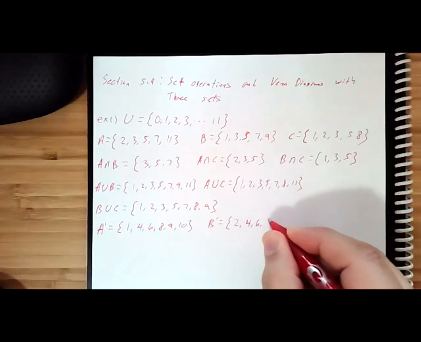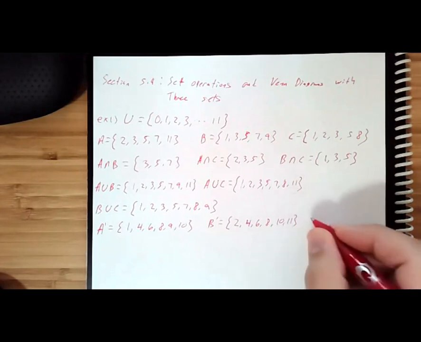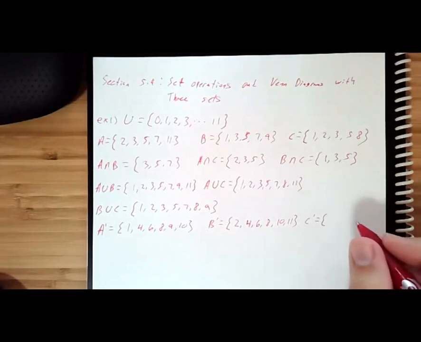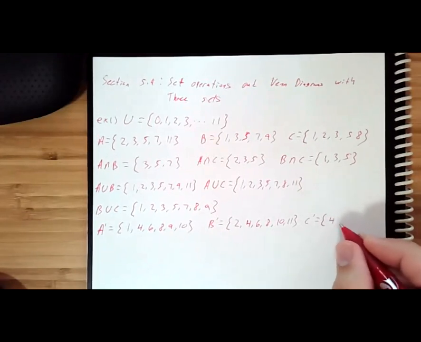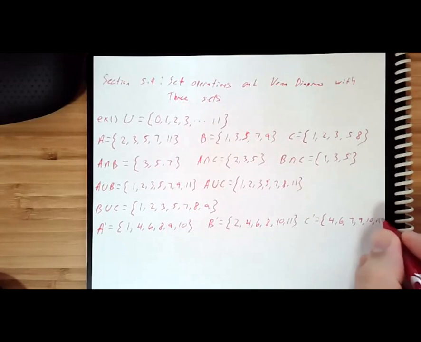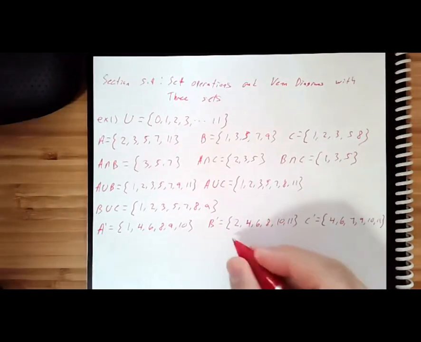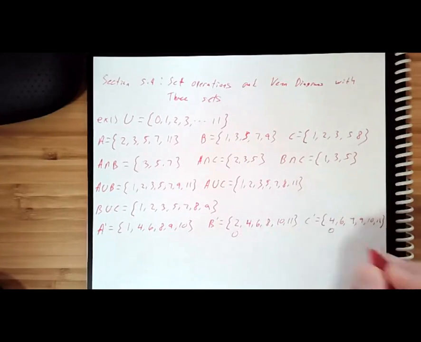C complement. 4, 6, 7, 9, 10, 11. And actually on the other ones, it should be 0 too, because they don't have 0. You're right. Just tack it on down there. That looks weird, but okay.